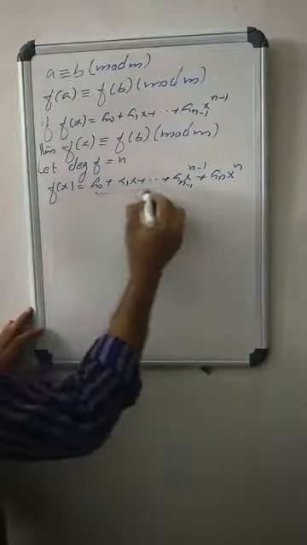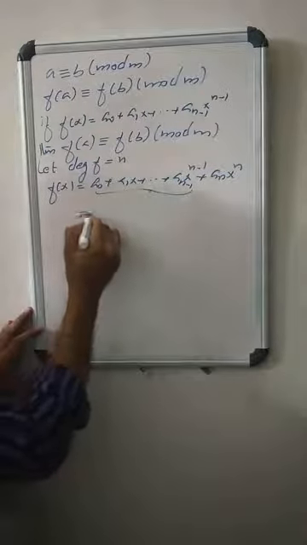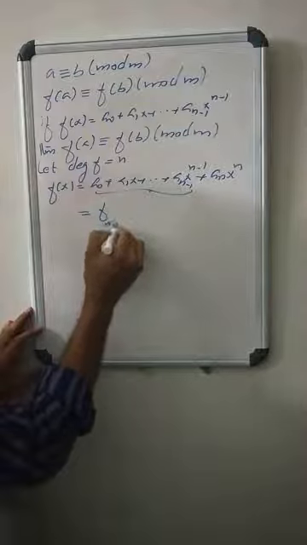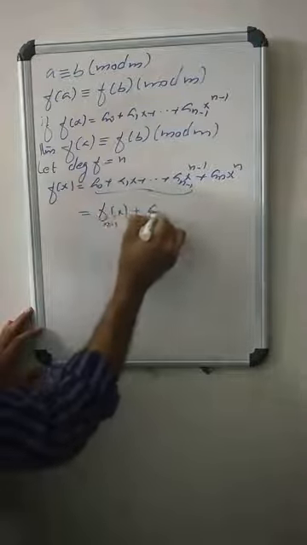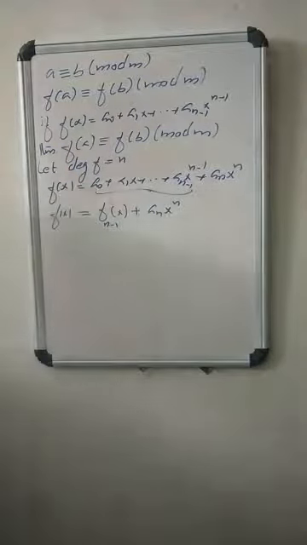The first part is nothing but f_(n-1)(x), plus an x to the power n. That means f(x) is rewritten as f_(n-1)(x) plus an x^n.